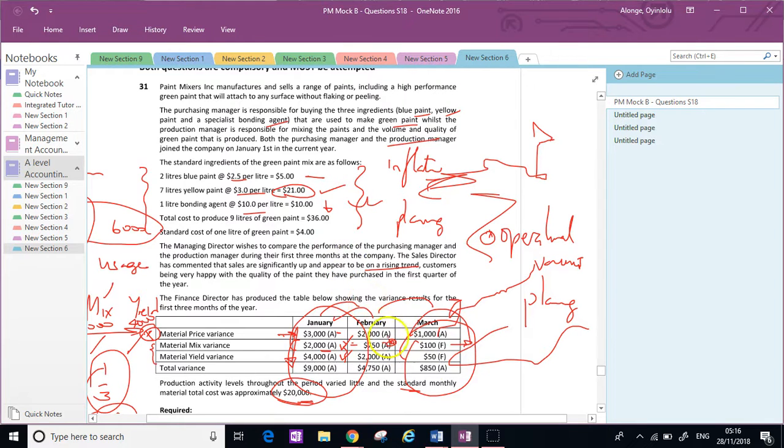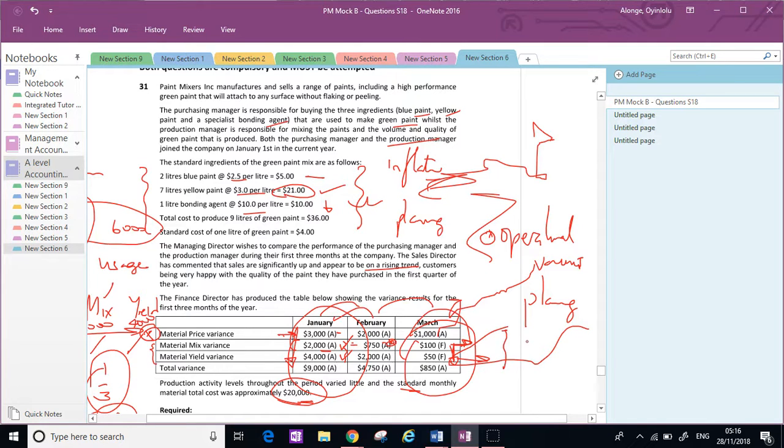So he's got the mix right now, right? The composition right. And in terms of yield, as a result of having the composition right, we can see good evidence now that he's even giving us more green paint than we expected. But we can see that pattern as we go right through from January to March. Right, and we can see the evidence because customers are happier.